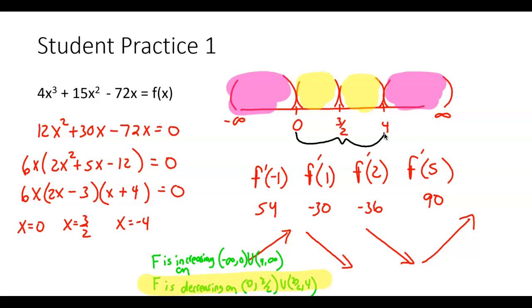And I would say no. And the reason for that is because it's not decreasing at 3 over 2. At 3 over 2, the derivative equals 0. That's where that came from, right? So at 3 over 2, the function is not decreasing. It's 0. So I would guess that this graph would probably look something like this.